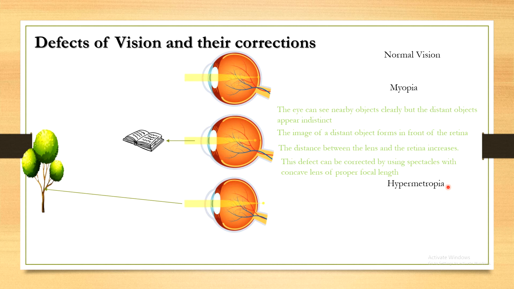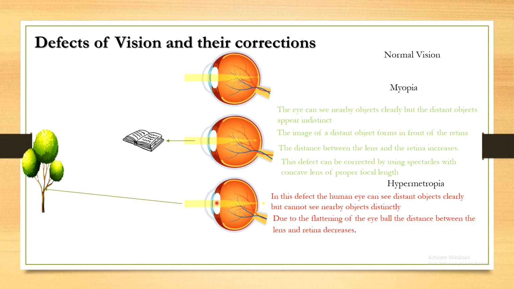In hypermetropia, or farsightedness, the human eye can see distant objects clearly but cannot see nearby objects distinctly. Due to the flattening of the eyeball, the distance between the lens and the retina decreases, so the image is formed behind the retina.